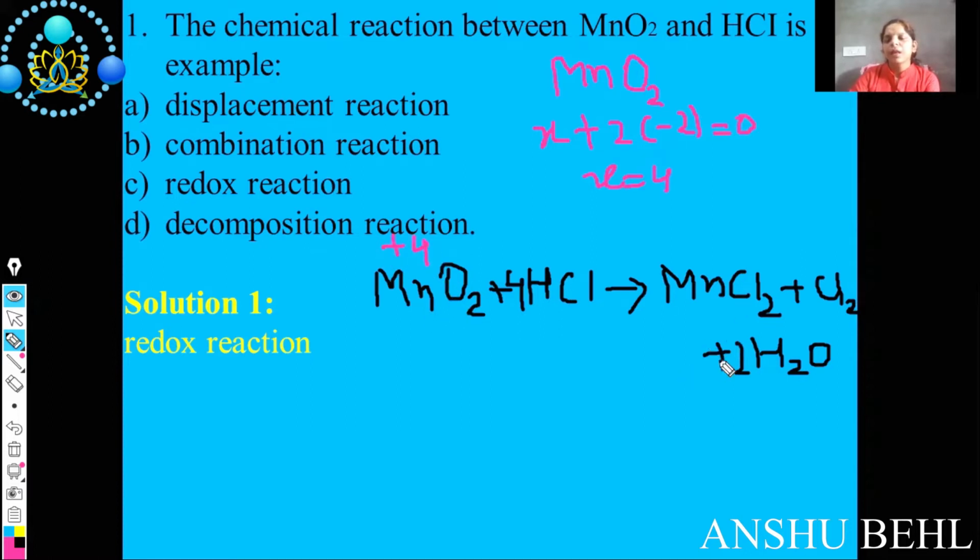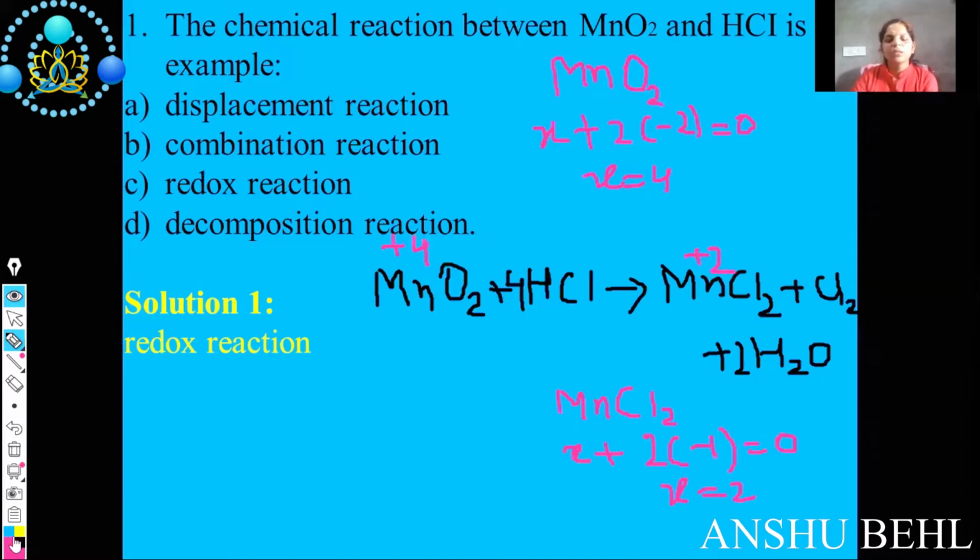In MnCl2, we know that the oxidation state of chlorine is -1. Oxidation state of manganese is X. So manganese here is having an oxidation state of +2.